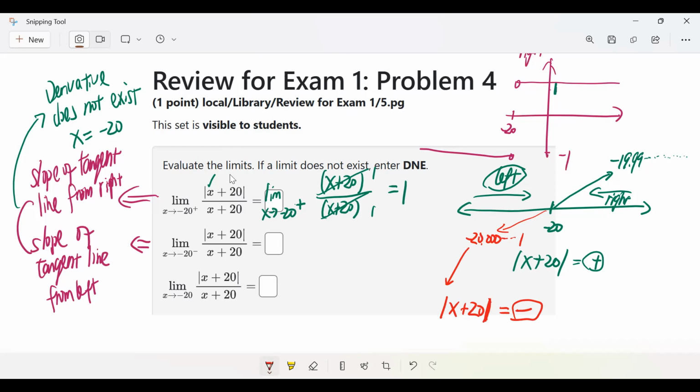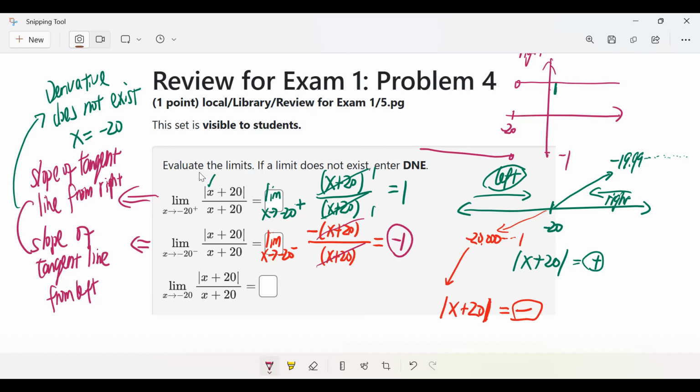So when we get rid of the absolute value sign, we have to put a negative sign in front of it. Two negatives turn into a positive, because anything that comes out of the absolute value sign has to be positive. We cancel the common factor, and it just becomes -1. The limit of -1 is -1.